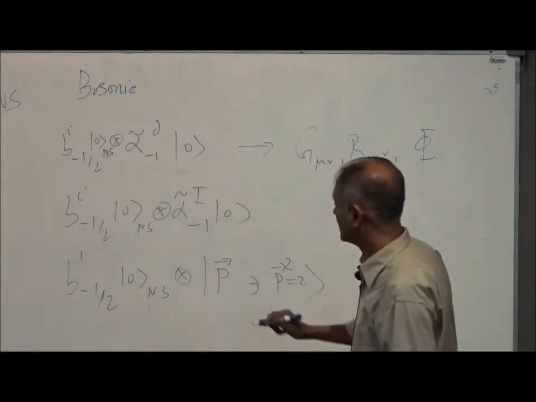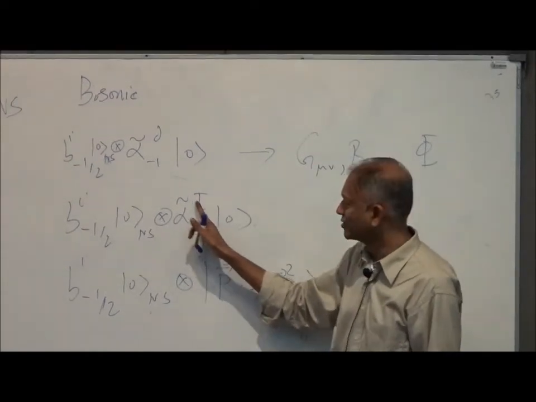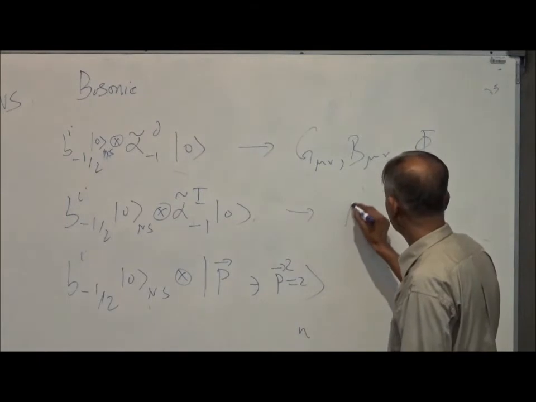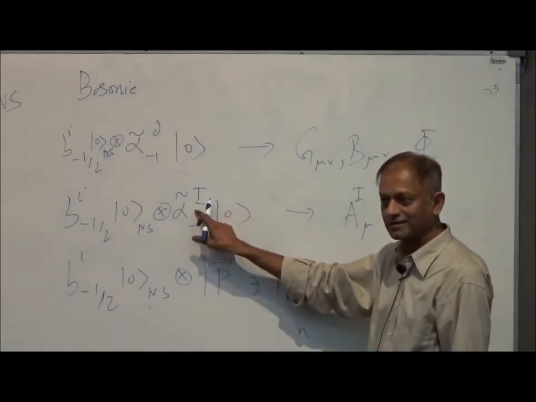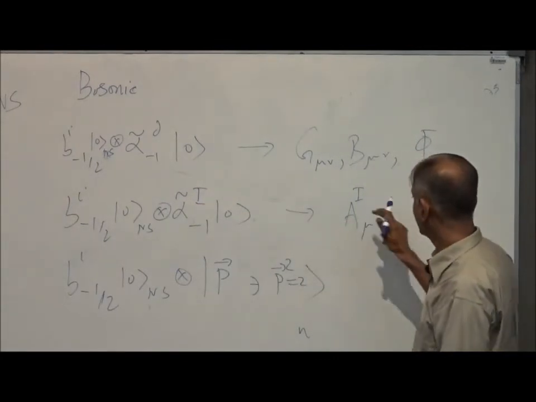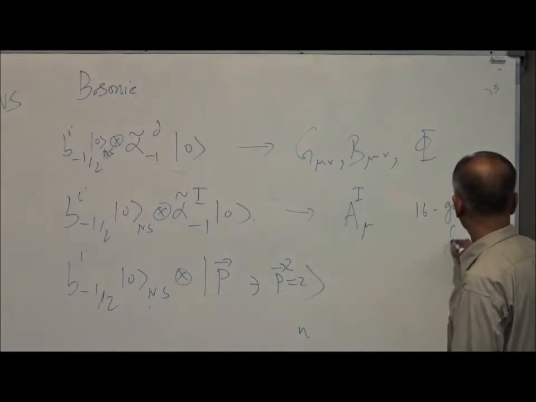So it's pretty universal. These are new. Let's look at these states. This is a vector, and this is a scalar of SO(8). So these are gauge fields, with the index I. For each I there is one gauge field, so we see that there are 16 gauge fields here.